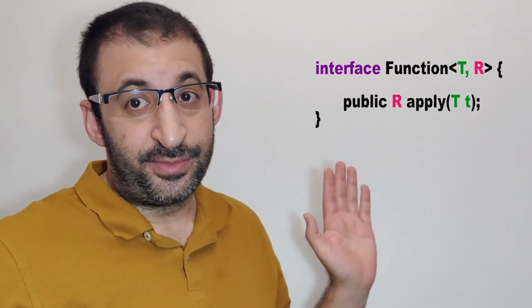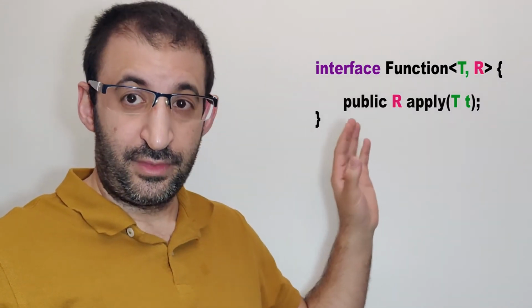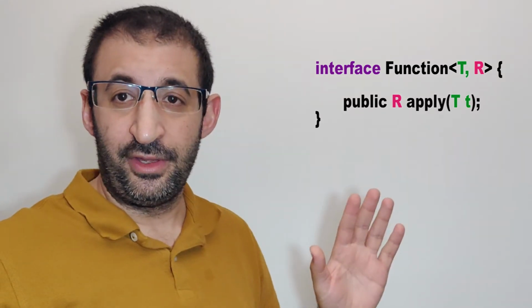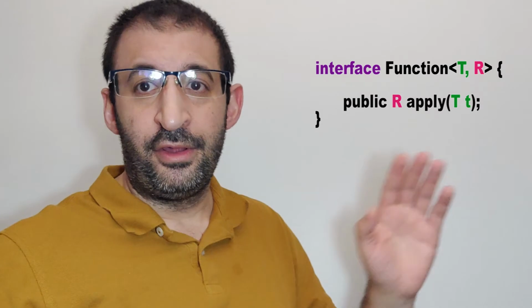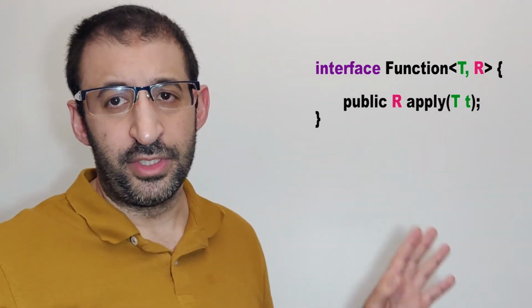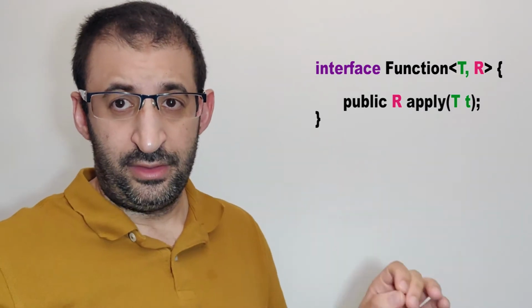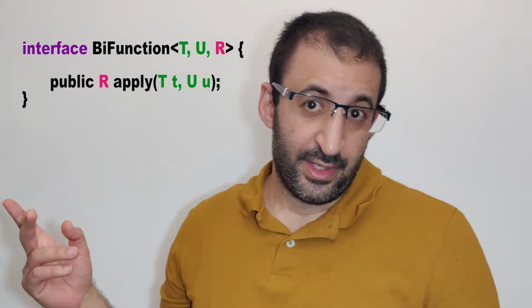Function is like this, the prototype of Function. I have T, the input type parameter, and R for the return value, with the abstract method public R apply with T for the argument. BiFunction is like this.